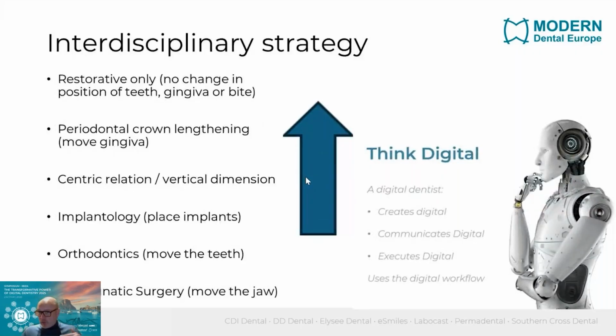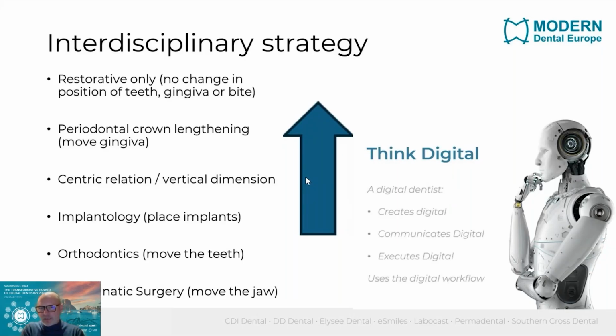Always follow the logical steps. It's not because we go digital now that we can forget this interdisciplinary strategy. First, look at the position of the jaws, then in a second phase, the position of the teeth. So first move the jaws if necessary, then move the teeth, then look at whether there are teeth missing.